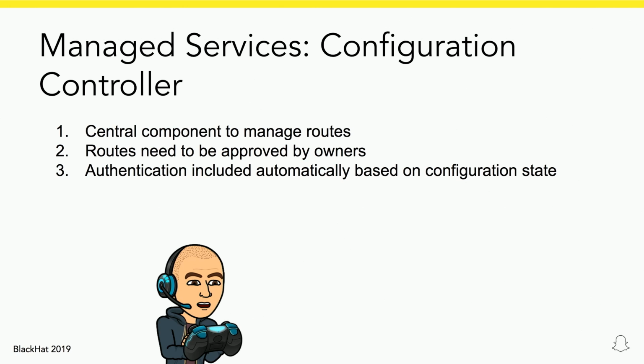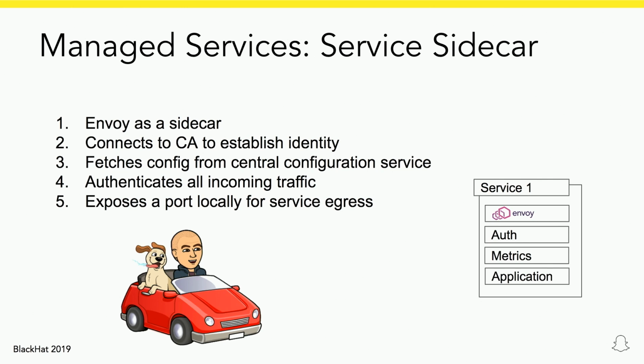Anytime that service A needs to talk to service B, the owners of service B have to approve that service A is allowed to talk to service B. And then that builds in the authentication and authorization. The services don't need to use a library or anything like that.